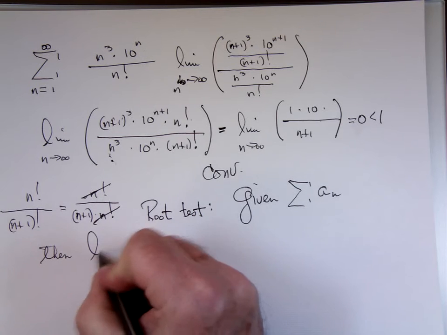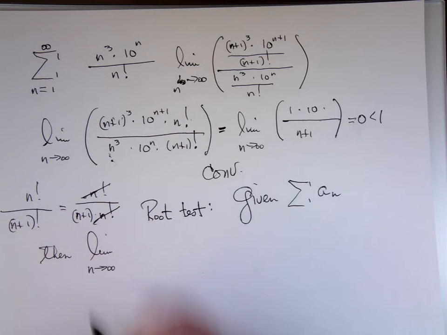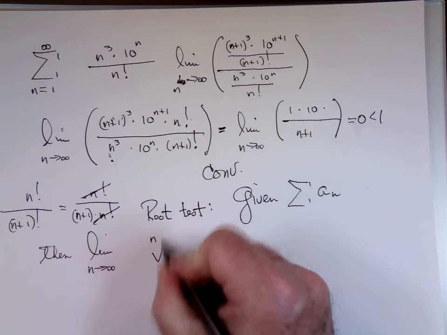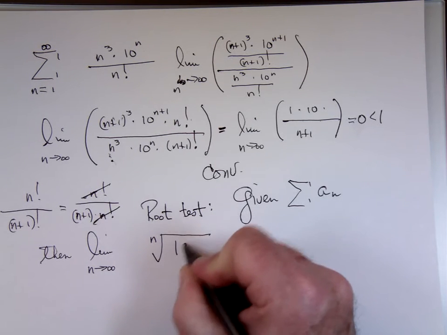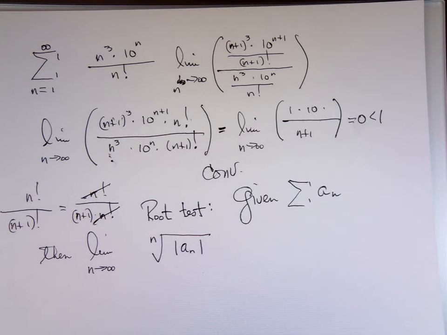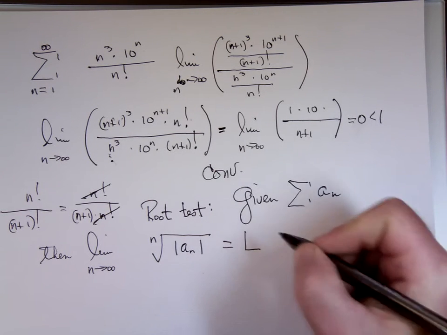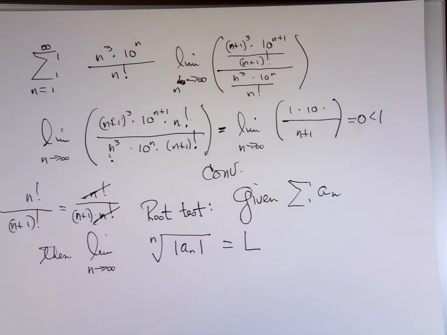Take the limit as n goes to infinity of the nth root of the absolute value of the nth term. I know, it's kind of crazy. The nth root of the absolute value of the nth term. And let that limit equal L. There are very specific examples where you use the root test. I'm going to tell you that in a minute, but let me tell you what the root test is.